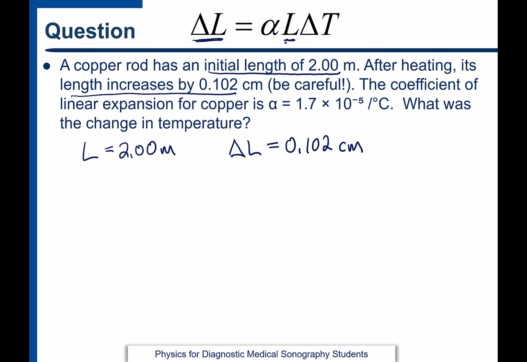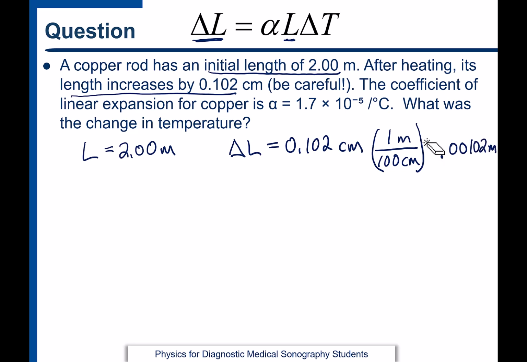And I could convert either way, but I'm going to convert centimeters to meters. So I know that in 1 meter, there are 100 centimeters. And the other way you could do that is just remember that centi is 10 to the minus 2. Anyway, in this case then, I'm going to get 0.00102 meters.